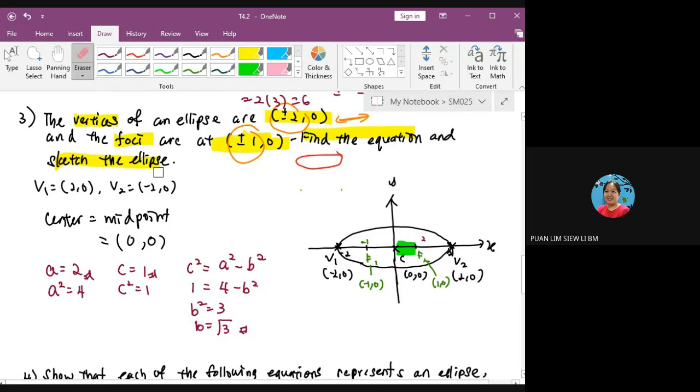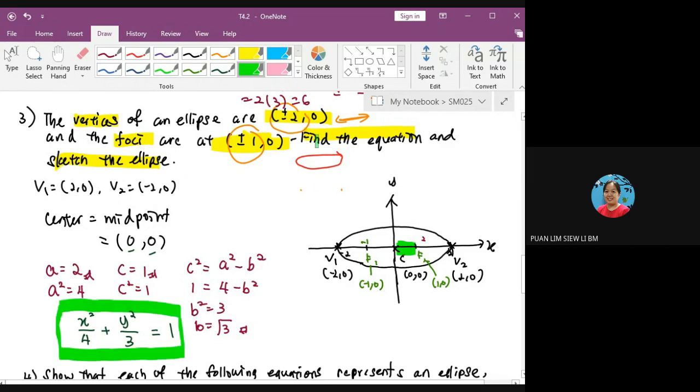So when x minus 0, 0 lah, over a square for y minus 0, 0 lah, y square, b square. So this b square will be 3. So equals to 1. So this is our equation. So find the equation. Done. Alright, done.